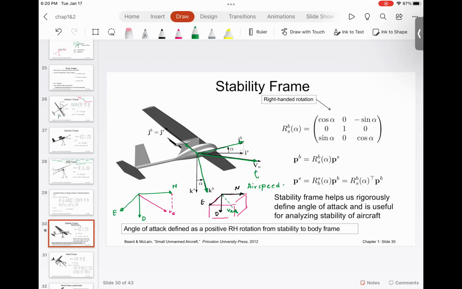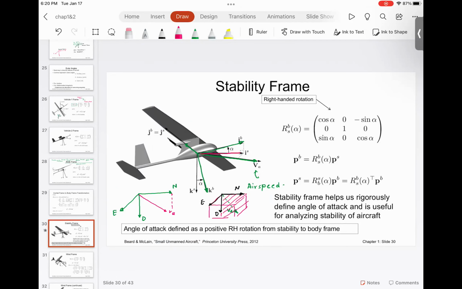If I project this airspeed, and this is very important, onto this frame, I have this component of airspeed.